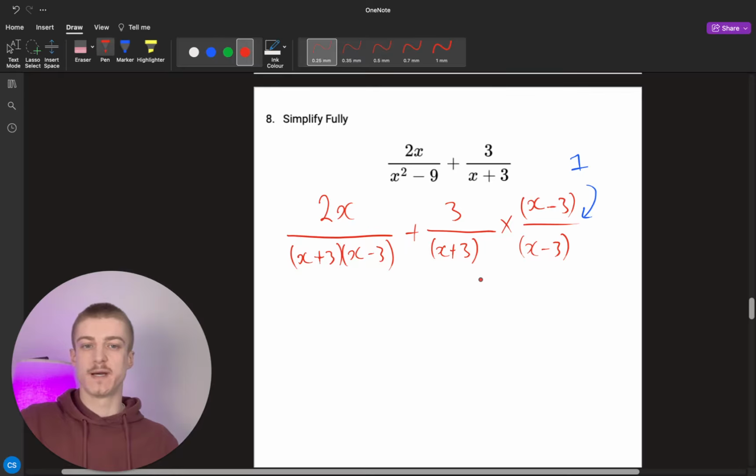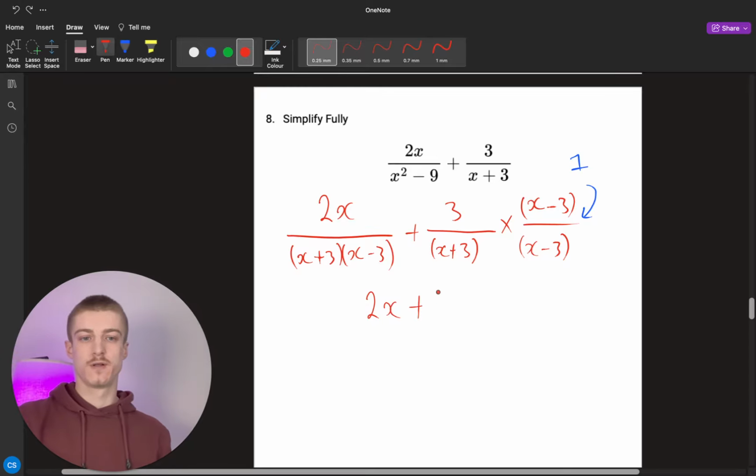I can collect my like terms on the top and get 5x minus 9. And then I'm just going to expand the denominator back into the difference of two squares. Simplify fully. That will be my final answer.